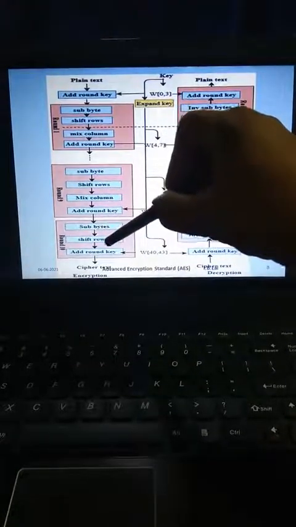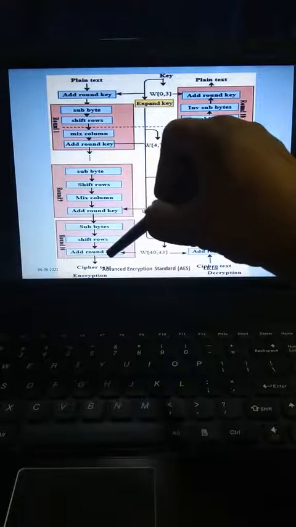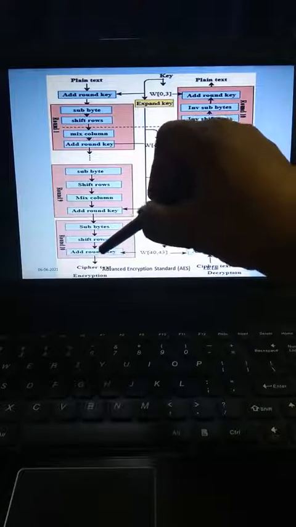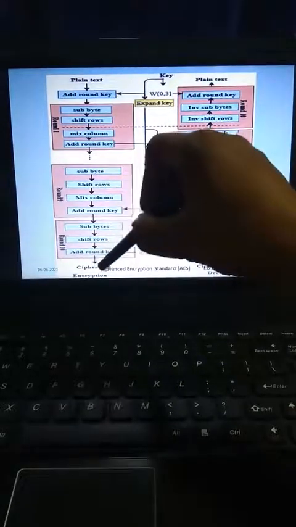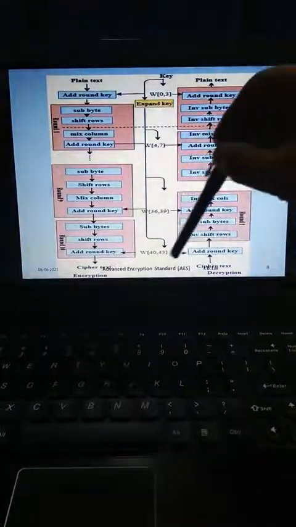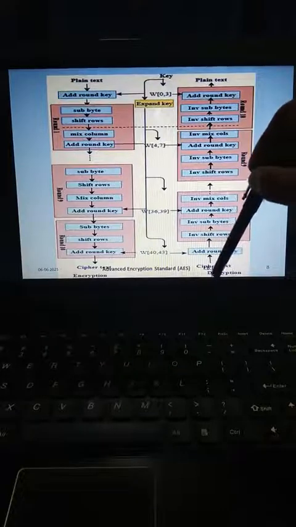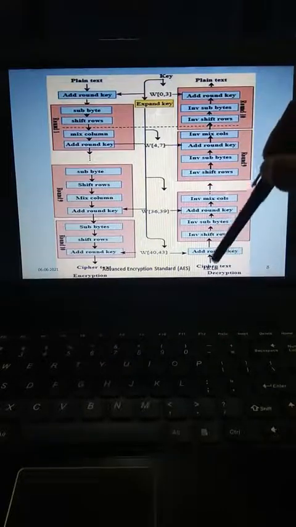Sub bytes, shift rows, and the output of shift rows enters into add round key. And after this the 128-bit text is converted into ciphertext. So here encryption completes, and at the receiver's end the entire process is reversed.